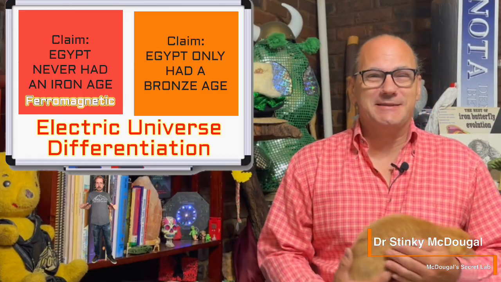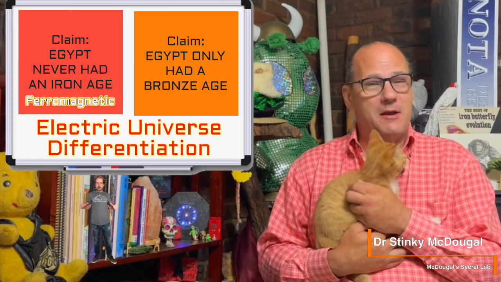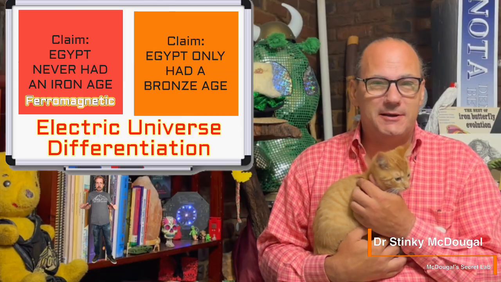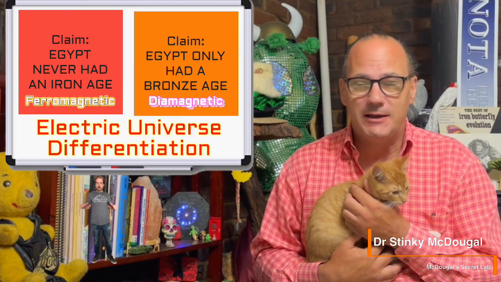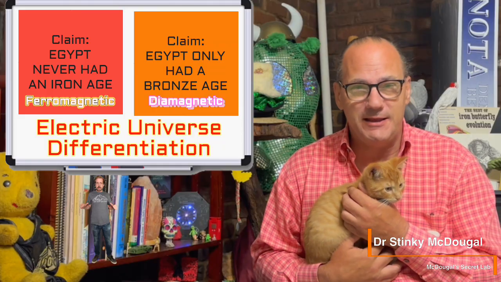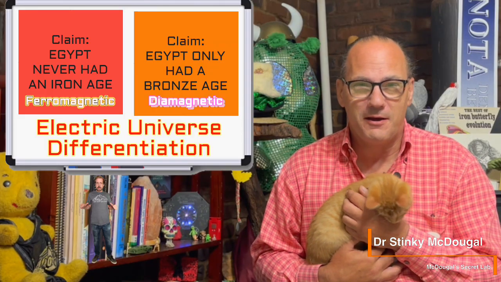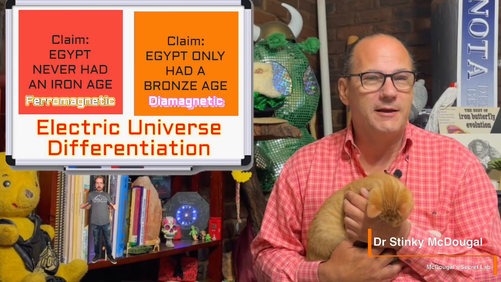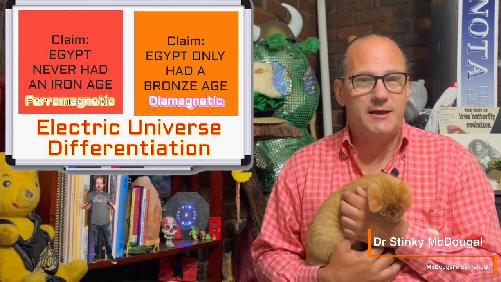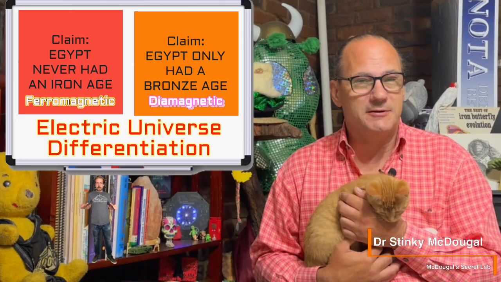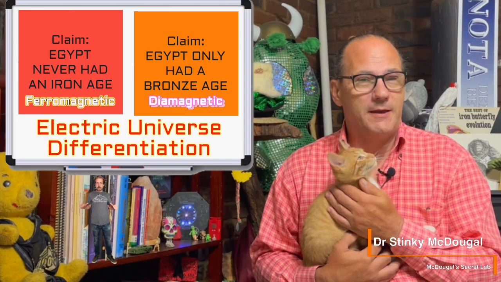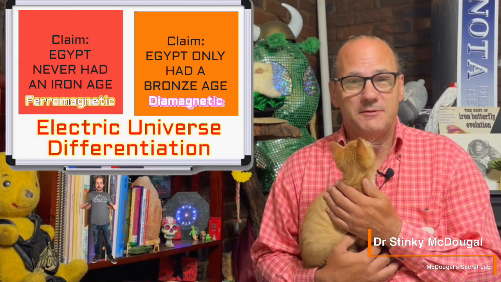But bronze, bronze is diamagnetic. It isn't attracted to anything in a strong magnetic way. Why didn't Egypt have an Iron Age? The answer is right in front of us in this short video.